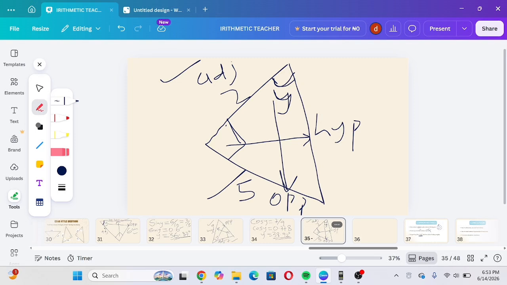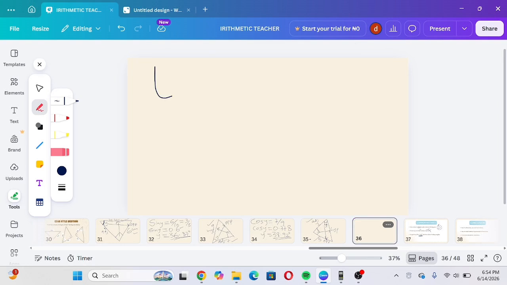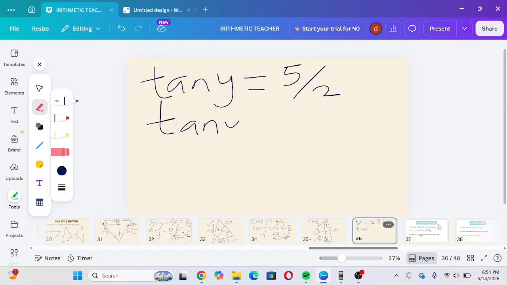The formula that contains adjacent and opposite is tan. So we're going to be using tan y is equal to opposite, which is 5, over adjacent, which is 2. So you convert that to decimal, you'll be having 2.5.